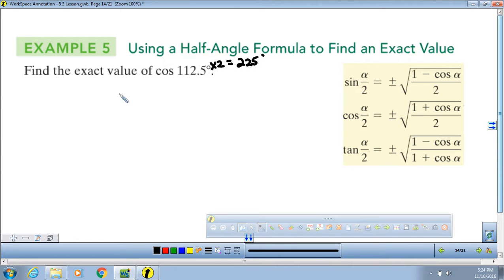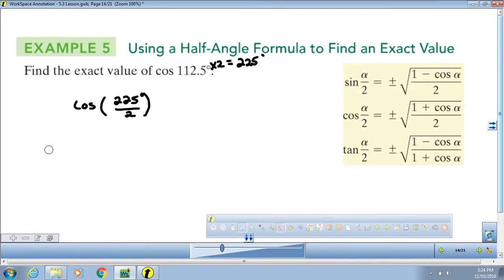So that means that the angle 112.5 is the same thing as 225 divided by 2. So it is a half angle. Okay, so you double it to find what number divided by 2 will equal that, right? And you see that that turns it into a special angle, because the angle of 225 is basically an angle in quadrant number 3. I was gonna say number 2, but it's in quadrant number 3.